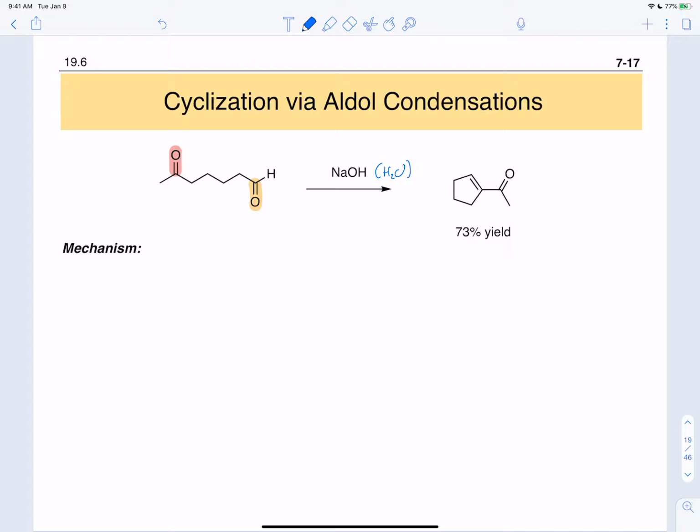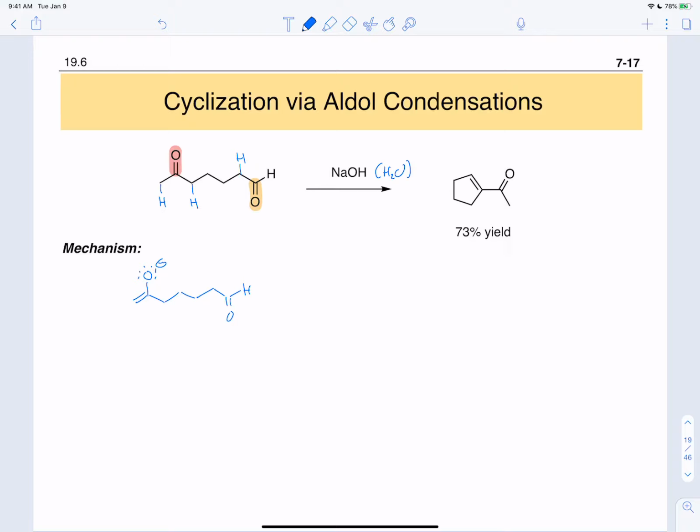We can actually make a number of different enolates in this process because we end up having a hydrogen here, a hydrogen here, and a hydrogen here. So since acid-base chemistry is very fast, we can really imagine any one of these being potential reactants to go towards a certain product.